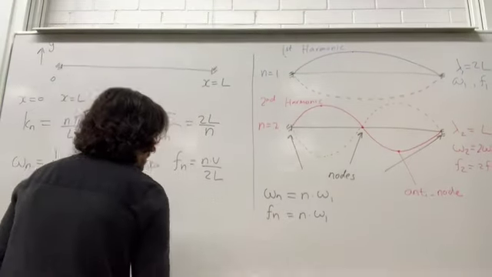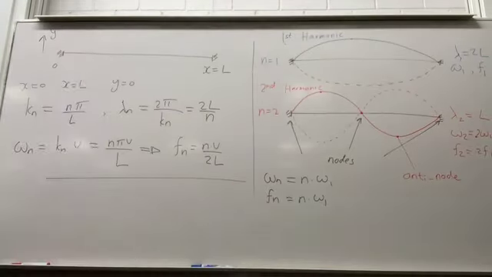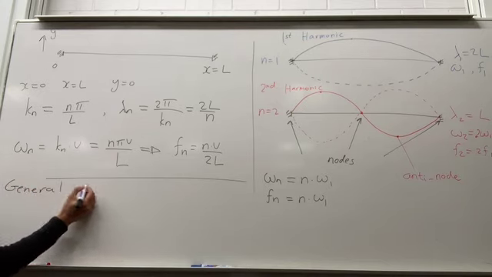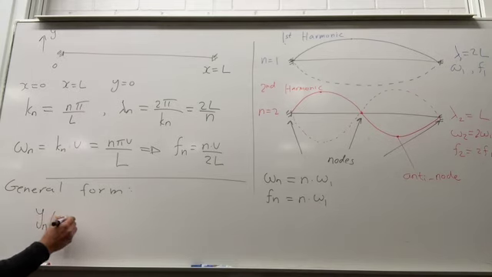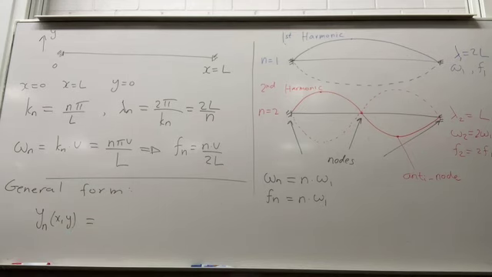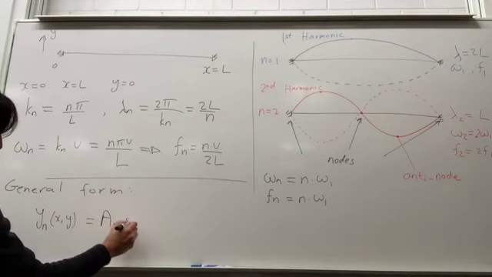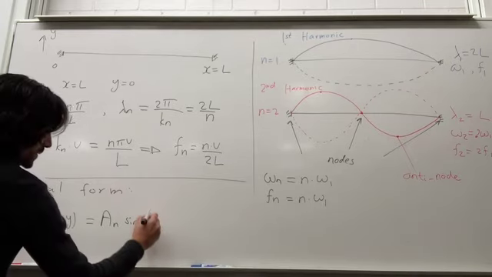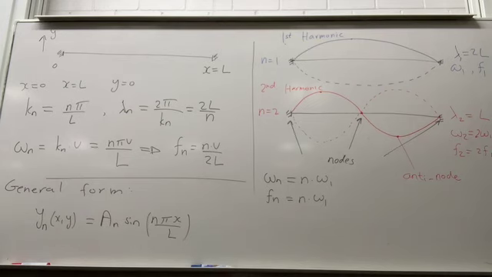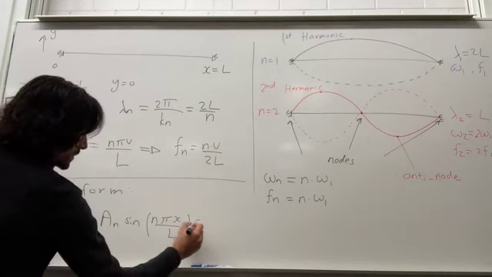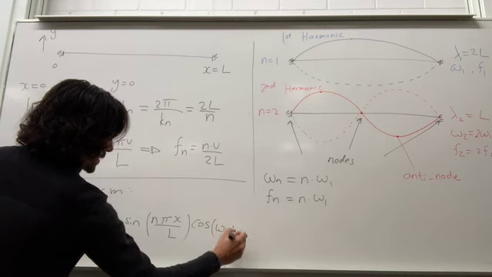All right, so we can write now in a general form. In a general form, we write y_n of any mode, x and t, would be equal to some amplitude A_n sine n pi x over L, and cosine omega n times t.